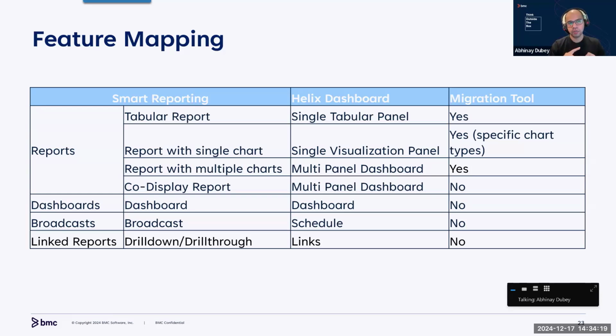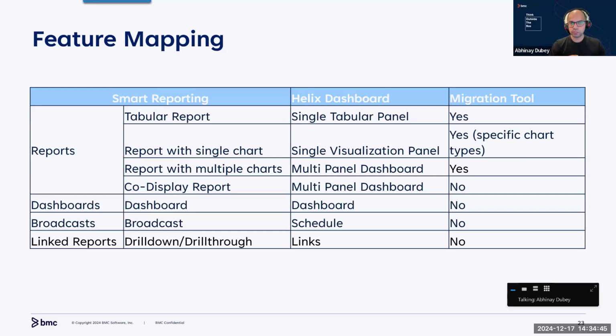So number one is reports. In smart reporting world, you have different types of objects where you can categorize your reporting structure, whether it's a single standalone report or a nested co-display report or a dashboard which has reports linked to it.